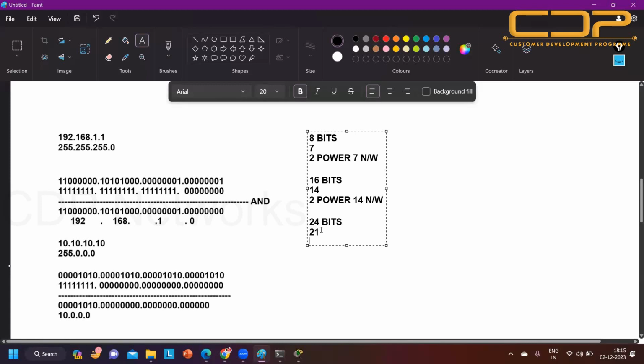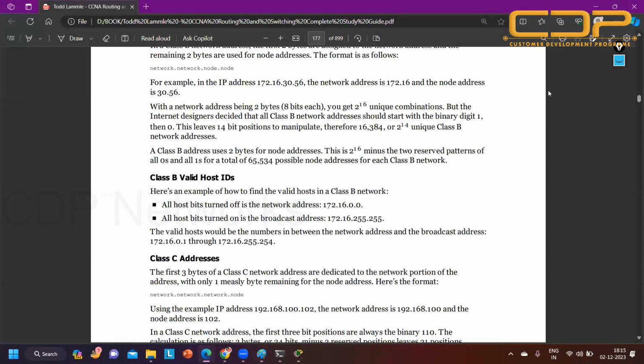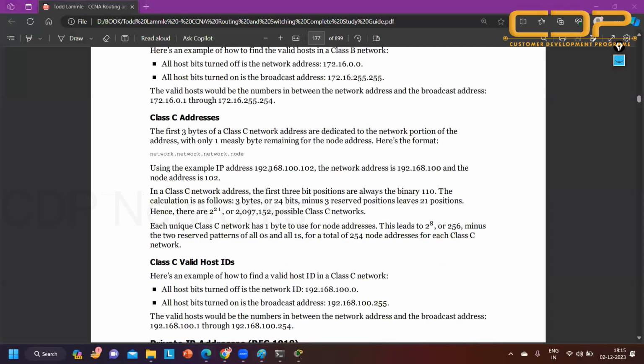That means I can design 2 power 21 networks from which class? From class C. Yes, 2 power 21. After that, you can read this document for better understanding.